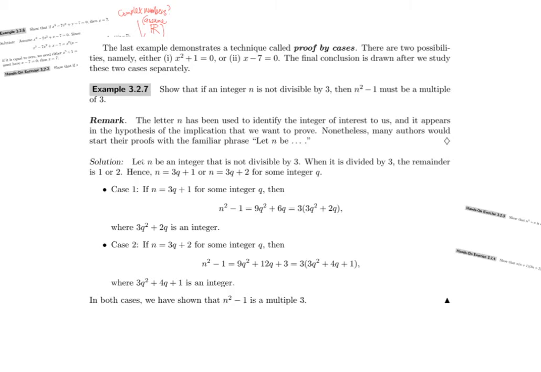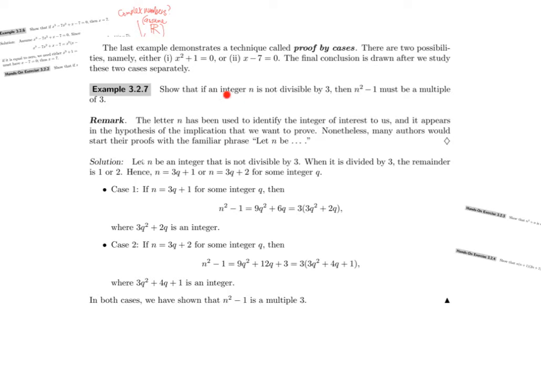But a lot of times, if they didn't say the n, it might say, show that if an integer is not divisible by 3, then the square of that integer minus 1 must be a multiple of 3. That would be a way to say that in words without mentioning n. And in that case, you would want to start with let n be whatever you need it to be.